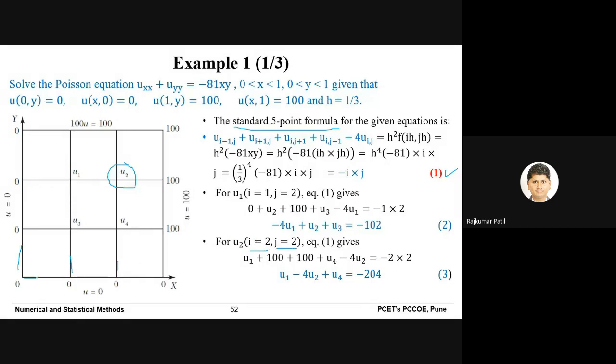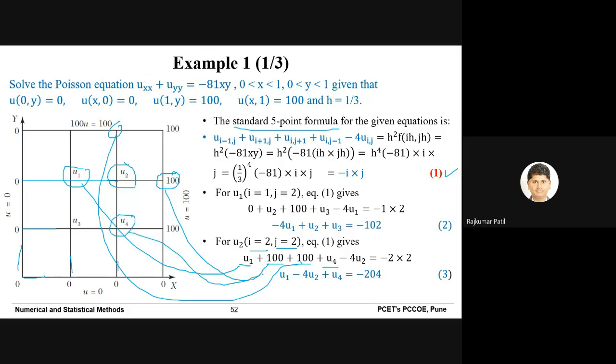It is related to axis 0, 1 and 2, so j will be 2. And therefore equation 1 gives u1, this value, plus 100, this value, plus 100, so you can see this value, and u4, this particular value. So we just use the closest neighbors as in the standard 5-point formula, minus 4u2.